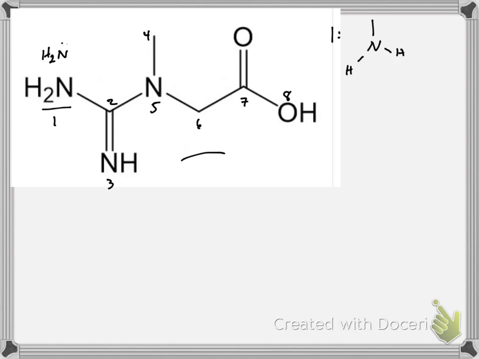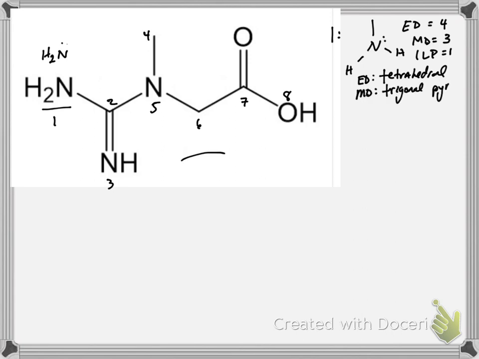1 is N8, so a nitrogen with only single bonds. That's going to have an electronic domain of 4 because we include the lone pair, so 3 bonds plus 1 lone pair, and molecular domains 3. So that means we have a tetrahedron electronically, but the molecular geometry is trigonal pyramid.